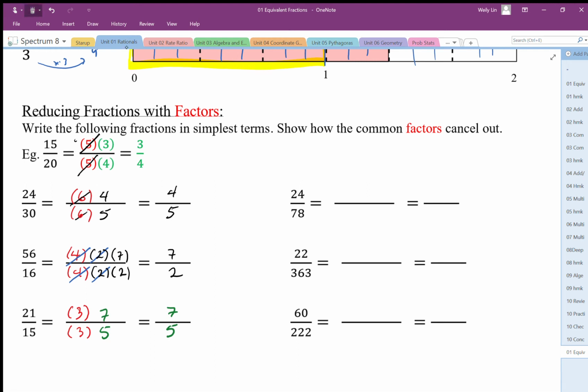For the next one here, again, make sure you're showing your common factors. It looks like this one shares a common factor of at least 4. So when I do that, I'm going to end up with 6 on top. 78 divided by 4 is going to, oh, this one does not share a 4. It shares a 6, doesn't it?